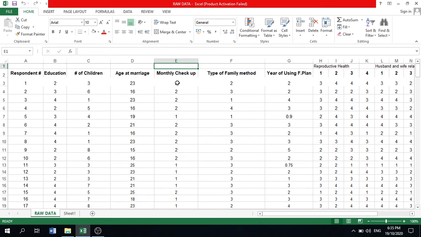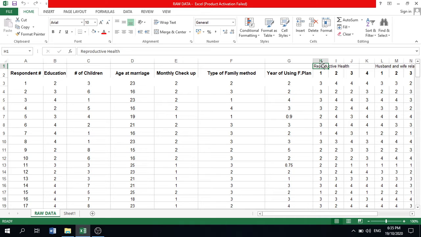Next is on these responses. So we have questions from our instrument. We have question 1, 2, 3, and 4. And from each question, we also have options.